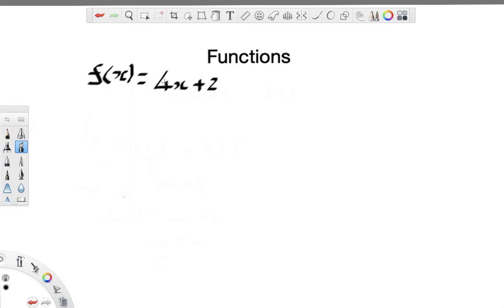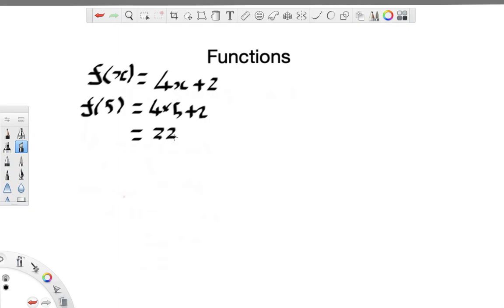And that's why when we substitute, we write. So if I wanted to substitute 5 into this equation, I would write f of 5, and that was equal to 4 times 5, because remember we're substituting in, plus 2. So 4 times 5 is 20, 20 plus 2 is 22.